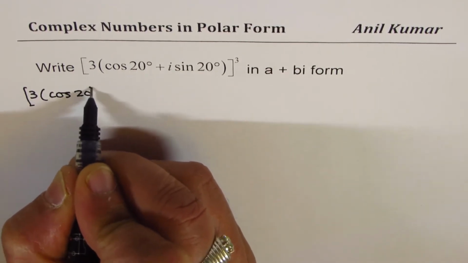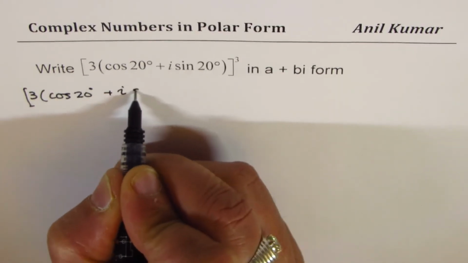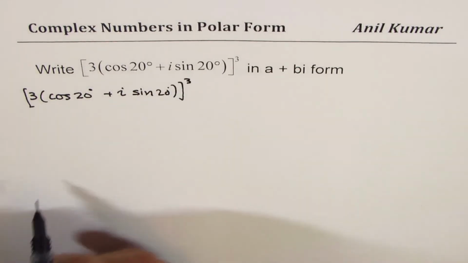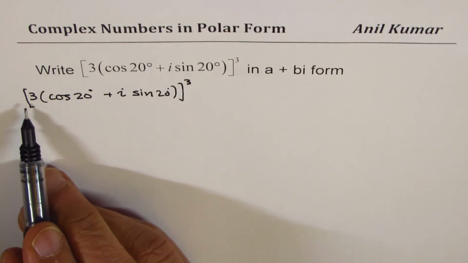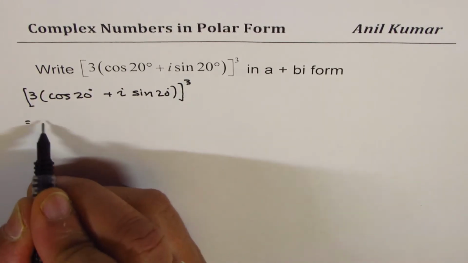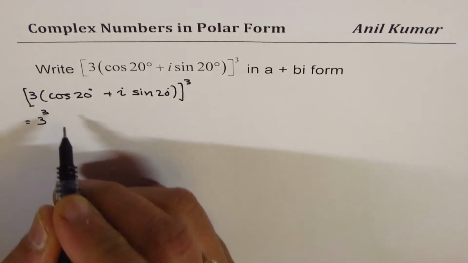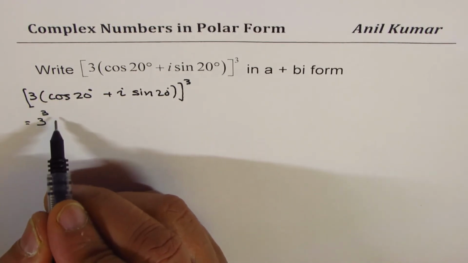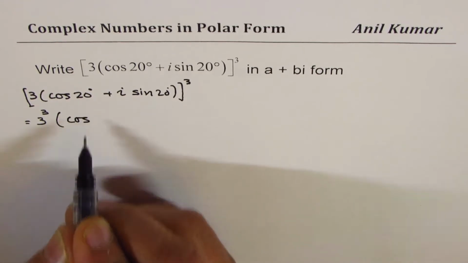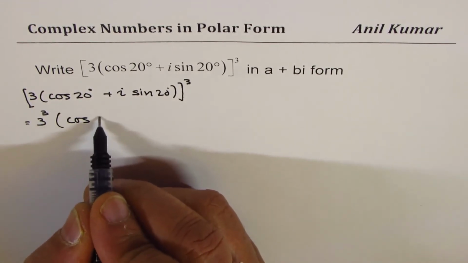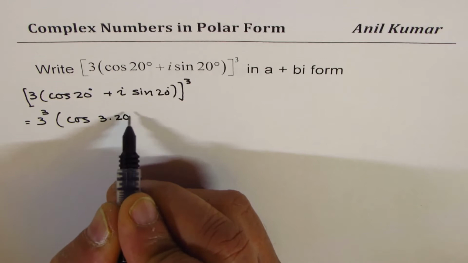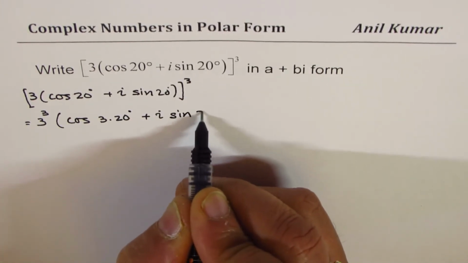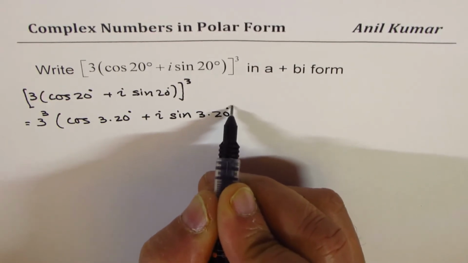Now it becomes 3 cubed. We apply the formula and write this as 3 cubed, and inside it becomes cos of 3 times 20 degrees plus i sine 3 times 20 degrees, correct?